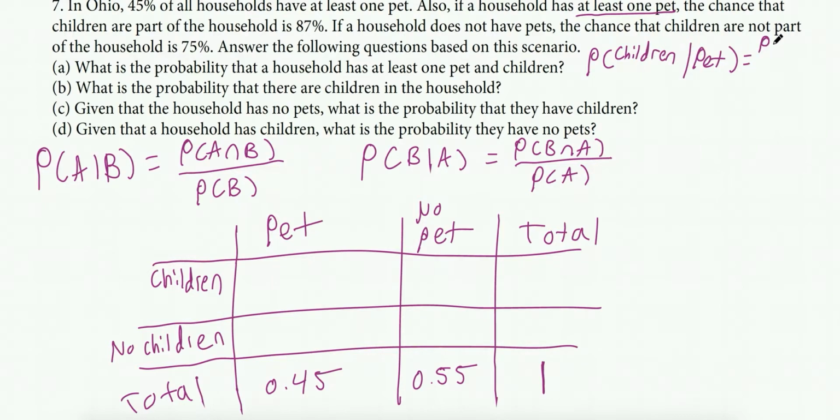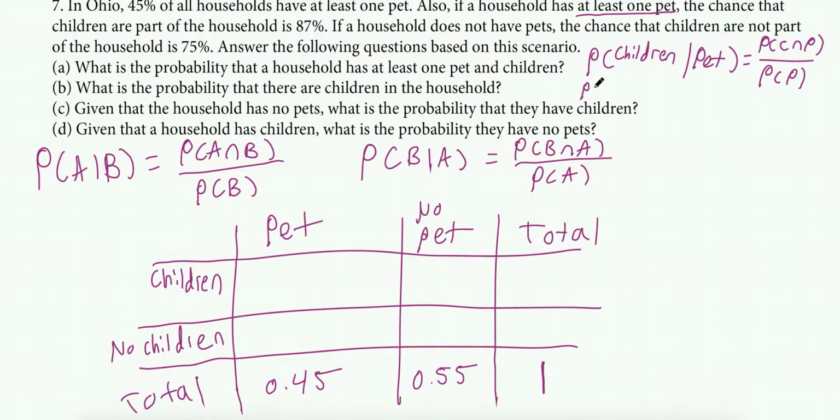I'll write C as children, probability of children and pet all over the probability of just having a pet. So what does the probability of children given pet equal? It equals 0.87 or 87%.